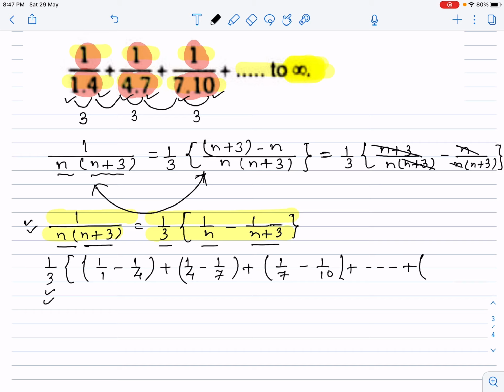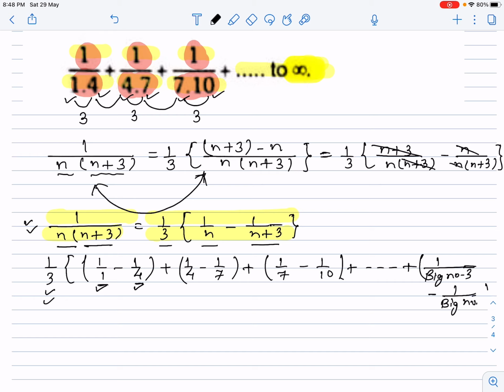So the last term, the very last term, would be of form 1 upon a big number minus 3, because we can break every term as 1 upon something minus 1 upon something. The first thing is 3 lesser than the second thing. So the denominator of the first fraction would be 1 upon big number minus 3, and minus sign 1 upon big number.